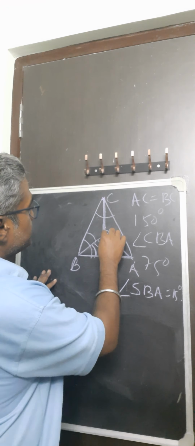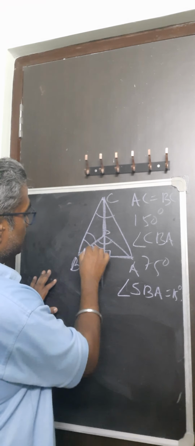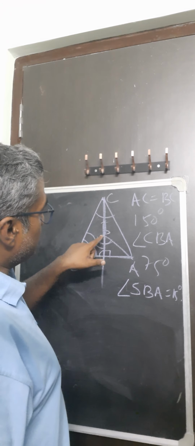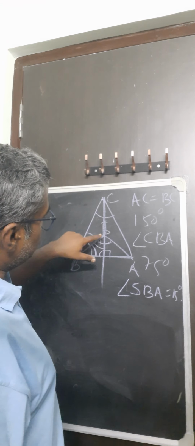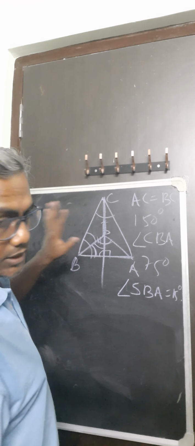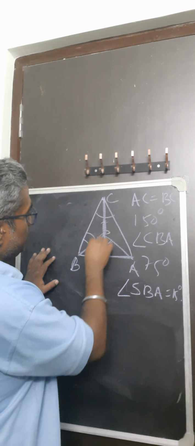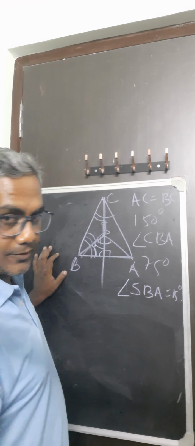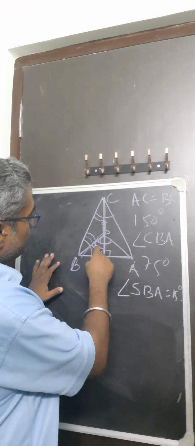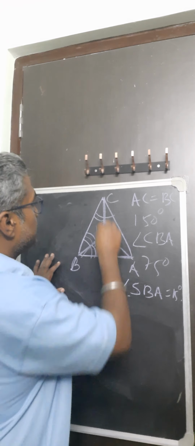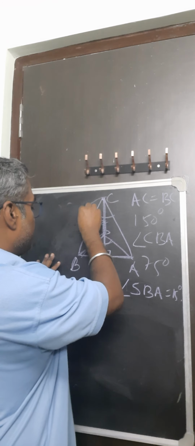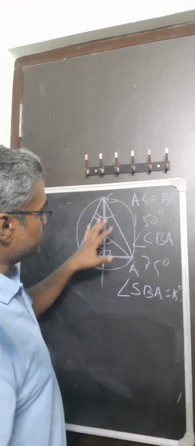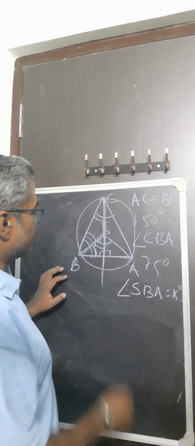Now in this triangle, this arm is equal to this arm, because S is the circumcenter and the sides connecting the circumcenter to the vertices are the same. So if I consider this triangle, as these sides are equal, the base angles will be the same. Now with the circumcenter, as explained earlier, if I draw the circle, it passes through the vertices.